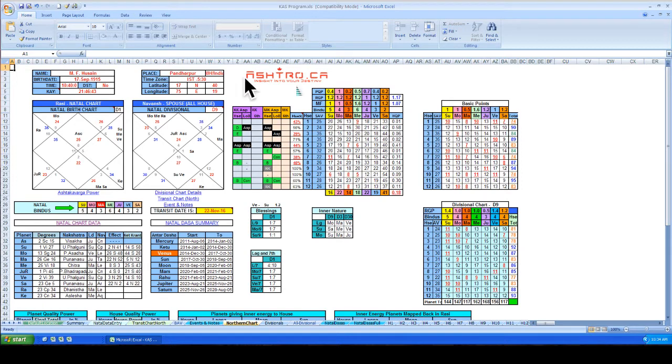So we are back in our dashboard now, and we can see this is the chart. I can see his degrees of the planets. His ascendant is in Scorpio. I can see his SAV points. I can see the Navamsha. I can see at a glance the Karkanshas here from Rashi and Navamsha.